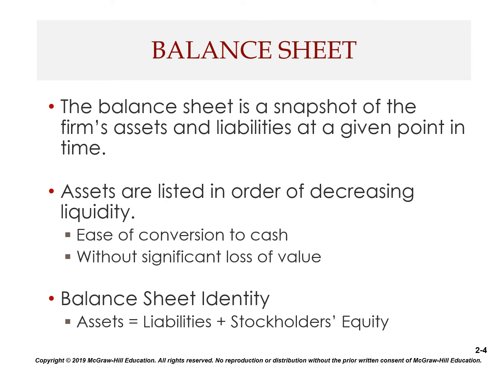Now, if you see at your picture there, net working capital, that's the difference between current assets and current liabilities, or what's left after paying off current liabilities. So we remember the balance sheet identity as being assets equal liabilities plus equity.